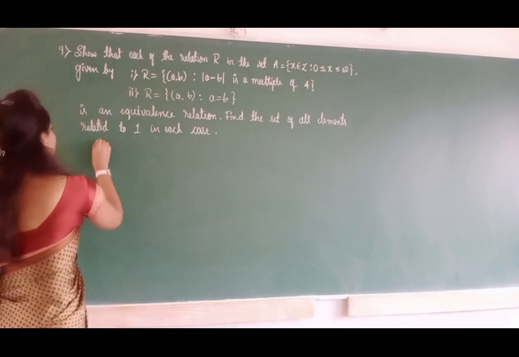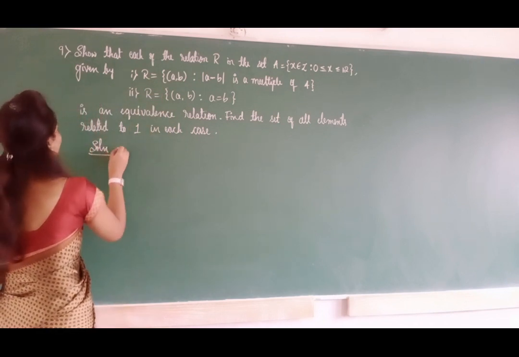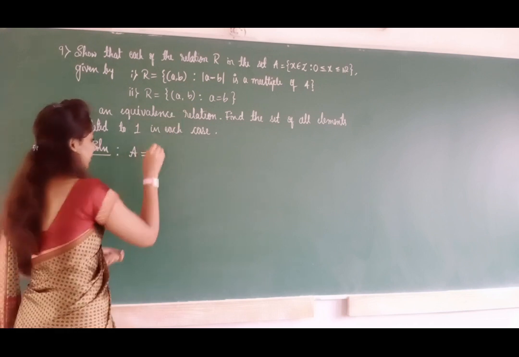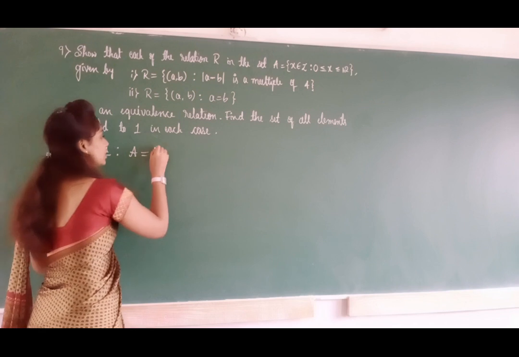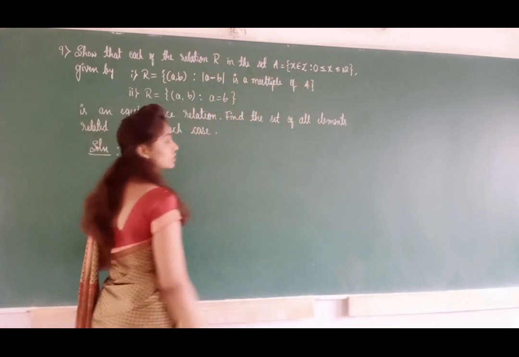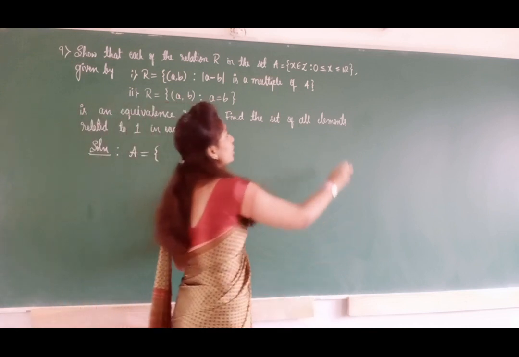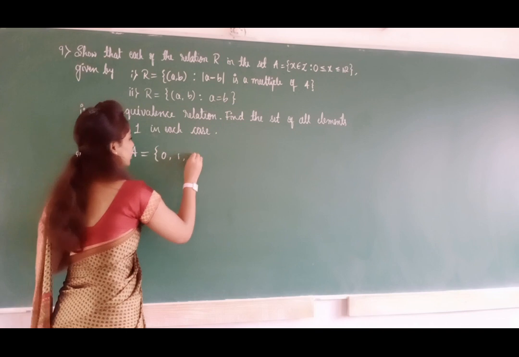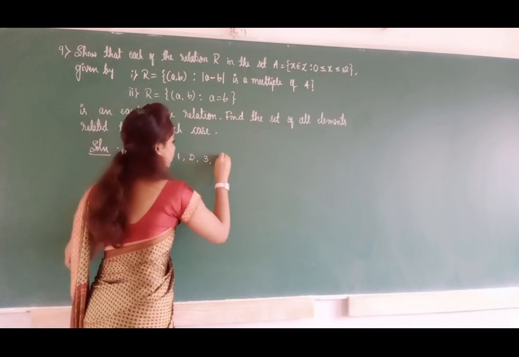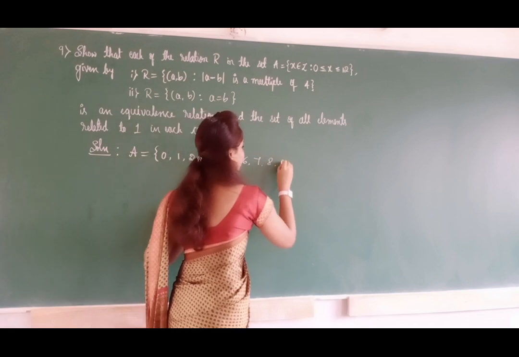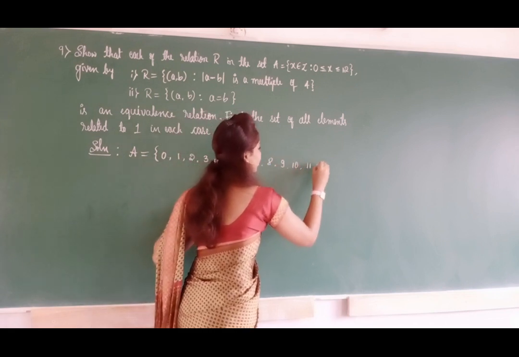Okay, so see here, the given set A is equal to the set of all elements X belongs to Z. What are the elements? 0 to 12. So 0, 1, 2, 3, 4, 5, 6, 7, 8, 9, 10, 11 and 12.